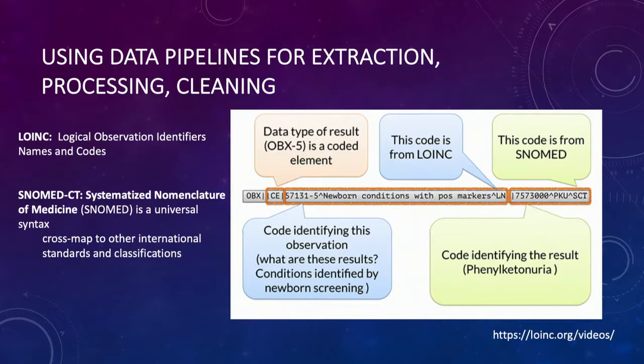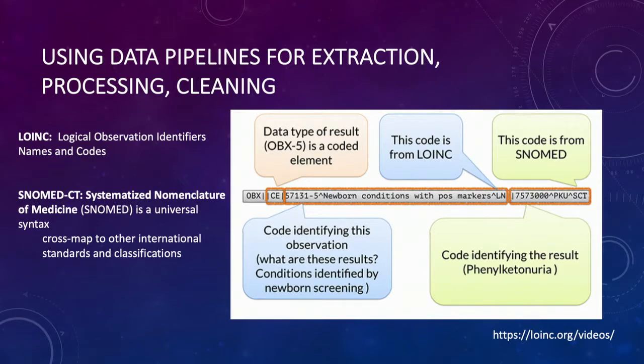So it's not just a sodium value of 120, but it talks about the components, the substance being measured, the timing, the time intervals, the specimen type that was run, and so you can get a lot of information out of LOINC.